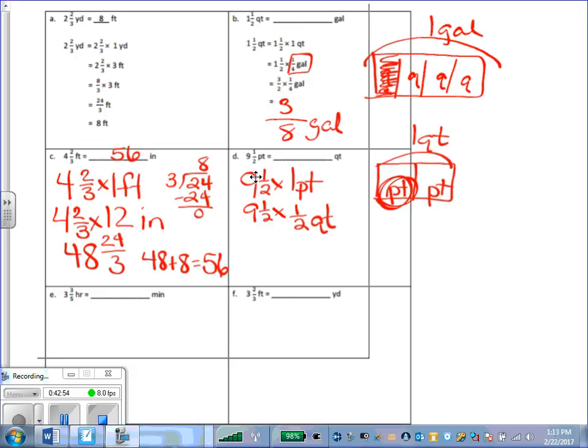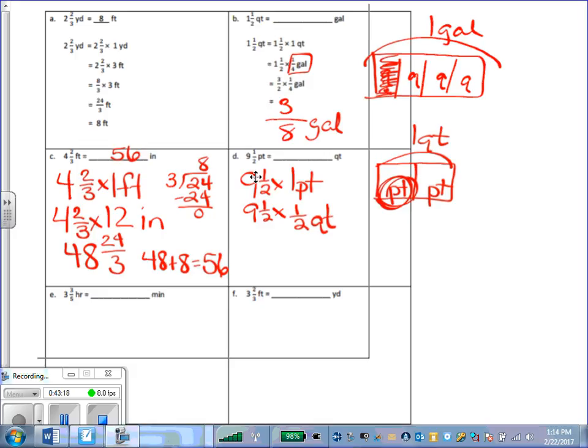Can I multiply this like I have it? No, I cannot. A mixed fraction by a fraction, I cannot do it. I can multiply a whole number, but I cannot multiply a fraction to a mixed fraction. I have to make this improper.